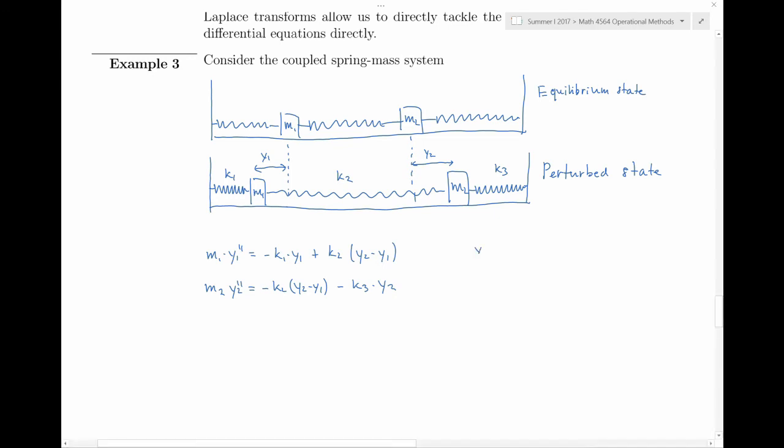Let's just say that the vector y1 and y2 at t equals 0 equals y1 naught and y2 naught. And the vector of derivatives of y1 and y2 at time equals 0 would be equal to y1 naught prime and y2 naught prime. These are going to be just four numbers that are going to be predetermined before we start solving the problem.